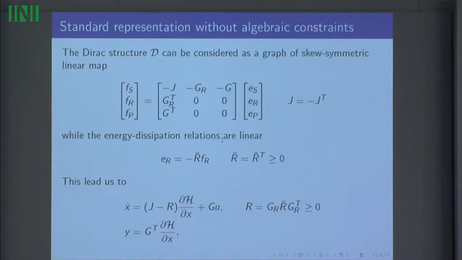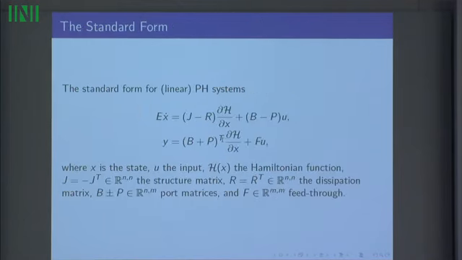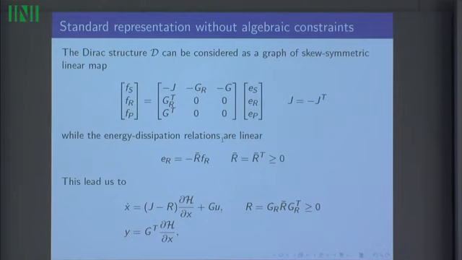If you would like to put it all together, Dirac structures can be considered as graphs of skew-symmetric matrices, or skew-symmetric functions. And if we say that we have a linear dissipation relation, then we can write Er as minus R bar Fr, where R should be a positive semi-definite symmetric matrix.